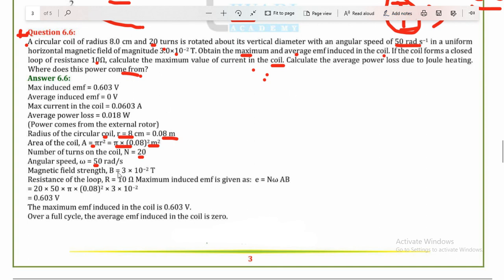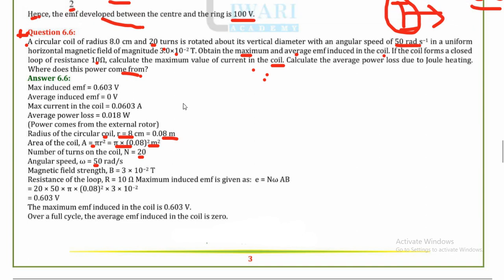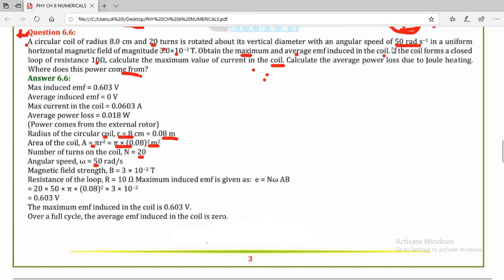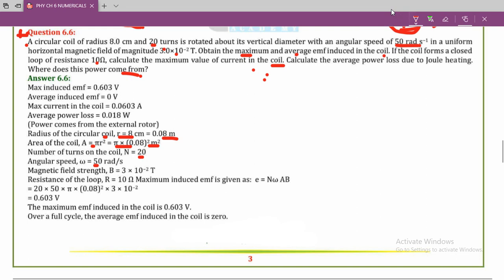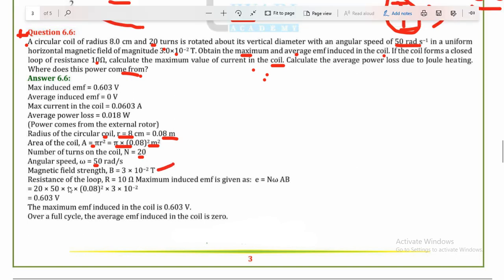So the value is written here the same, that is 3 into 10 to the power minus 2 Tesla. Now the resistance of the loop is given. Okay, I will discuss the formula later.